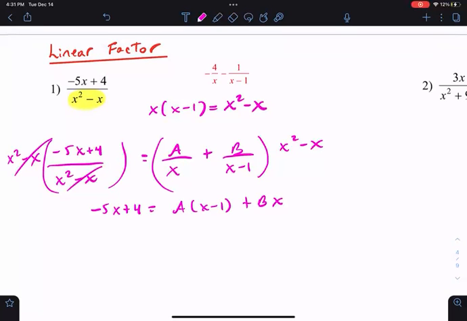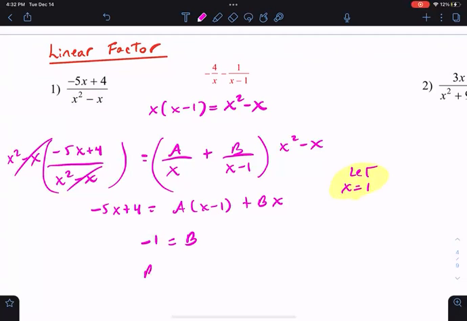So now you need to let x equal 1. If you let x equal 1, you plug it here, right? So the a is going to disappear. If you plug 1 here, you're going to get b equals negative 1.